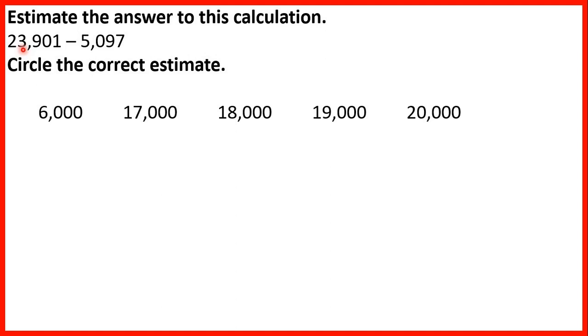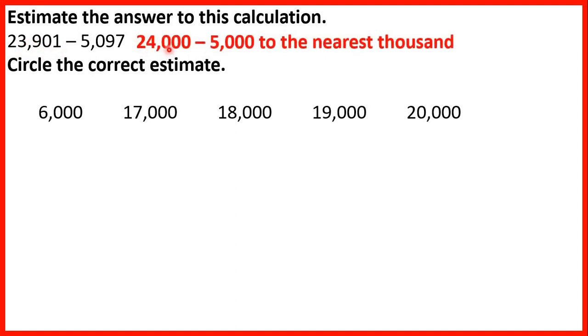So 23,901 is 24,000 to the nearest 1,000, because remember, when we're rounding to the thousands, we look at our hundreds, and because we have a 9, because we have 5 or more, we know that we're rounding up. And 5,097 to the nearest 1,000 is 5,000.